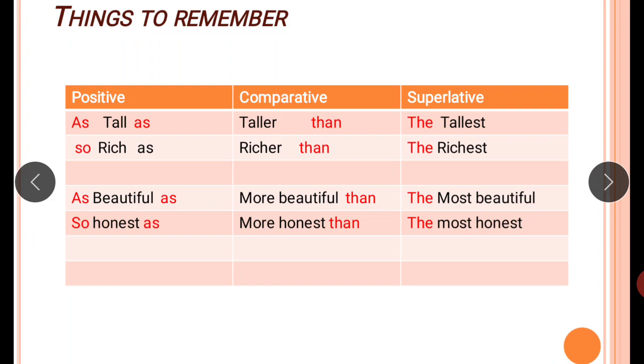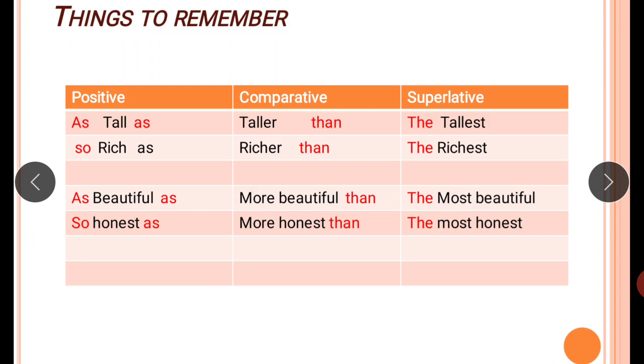Okay? You may ask, what is that, sir, in positive? As tall as. But in the second sentence, so rich as. When it comes to the example sentences, I will give you the explanation. But just look at the clue word: as in the positive. In the comparative, the adjective becomes the comparative degree, that is, taller than is used. And in the long adjective, more beautiful than.